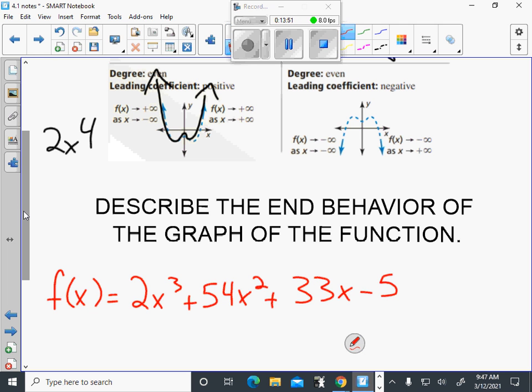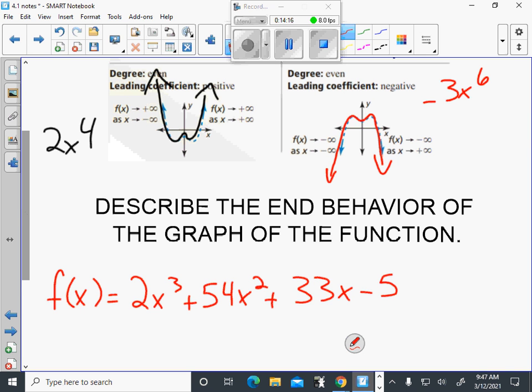We have a negative, let's say 3x to the 6th. That's an even degree. Even degree goes in the same direction, but since it's negative, it's going to be flipped. We're going to start down here, work our way up and come back down.